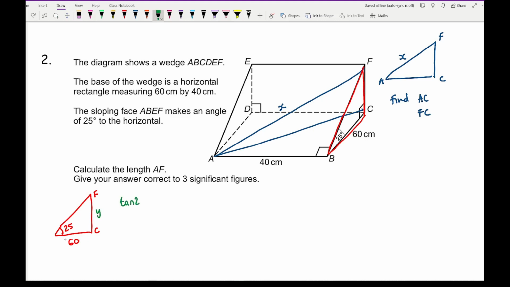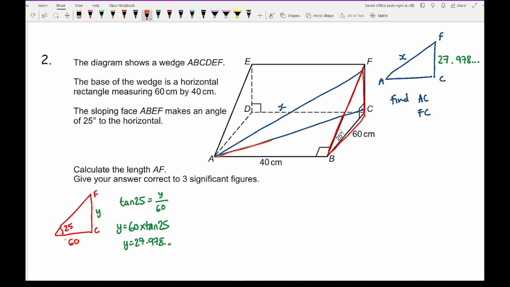So tan 25 equals Y over 60, so Y equals 60 times tan 25. 60 tan 25 gives me an answer of 27.978, and that continues. So this length here is 27.978.